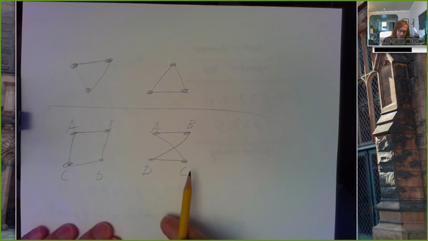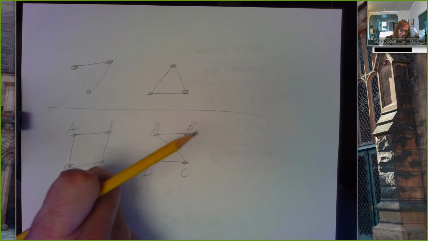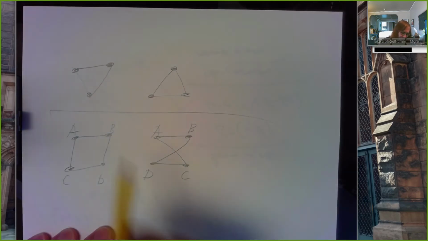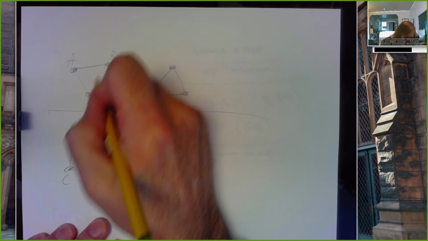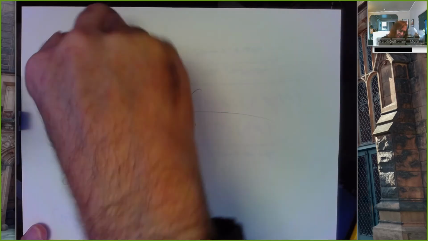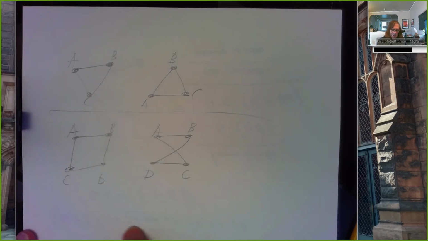So I could simply slide this C over here and slide the D over here, and this would transform into that. And here, if this was ABC, and this was ABC, I could just take this and rotate it 120 degrees counterclockwise, and I would end up with this.